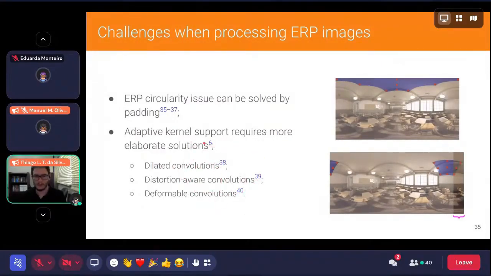These approaches also perform this kind of treatment naturally, so we do not need to explicitly pad information here. We can just use these approaches to process the rectangular image.